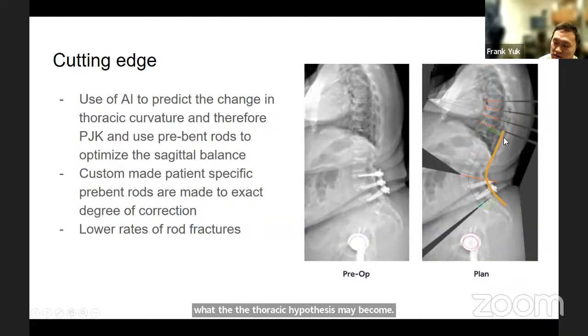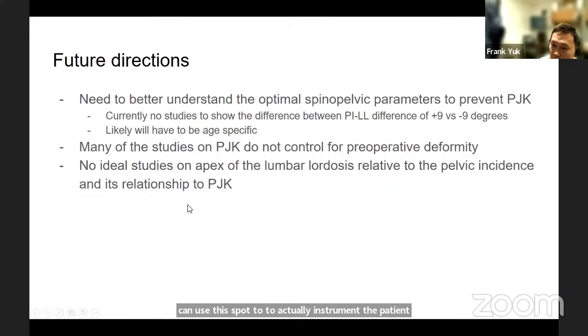And then this rod is custom bent and custom made for this patient specifically. During the surgery, you can use this rod to instrument the patient, and they have much lower rates of rod fractures.